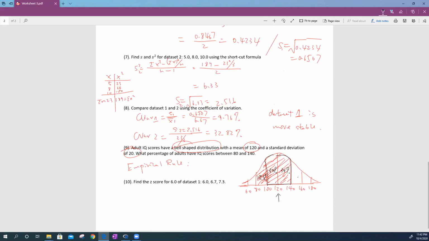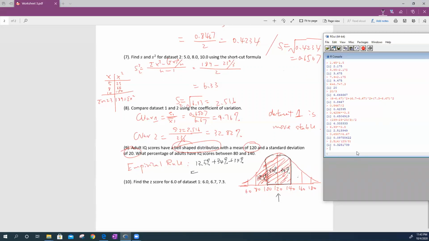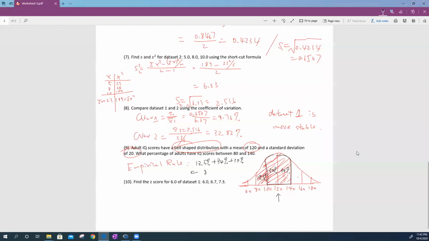So actually, what percentage of adults have an IQ score between 80 and 140? That is 13.5 plus 34 plus 34. So that is 81.5%.